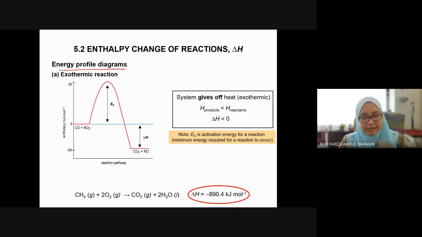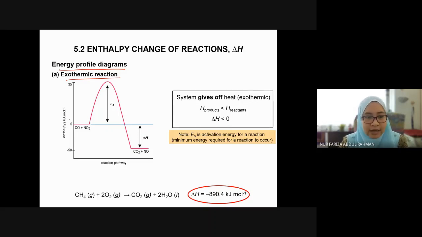If they ask this question, be thankful because it is easy, but you must make sure that you label everything, and then you get the shape of the graph correct, and then you get full marks there. Okay, alright. So how should we draw the energy profile diagram for an exothermic reaction? When you have to draw a graph, you need to have axes. So for the axes, we will award marks.